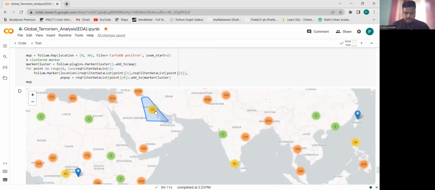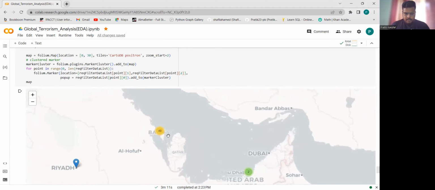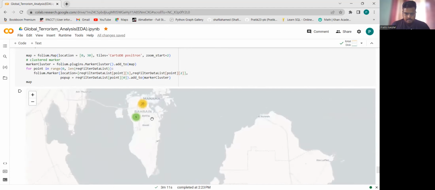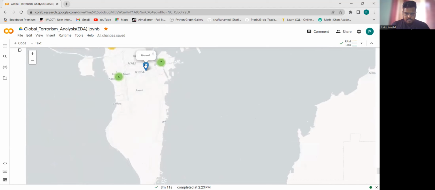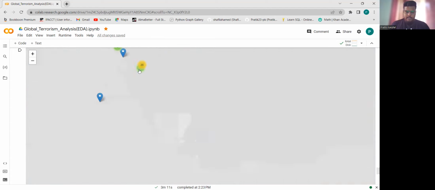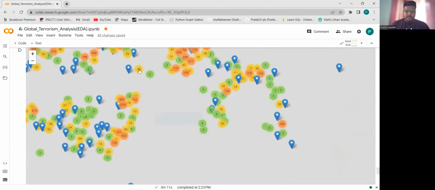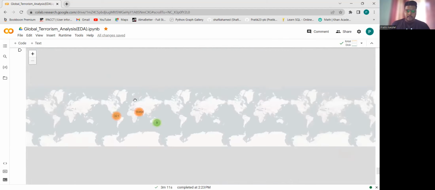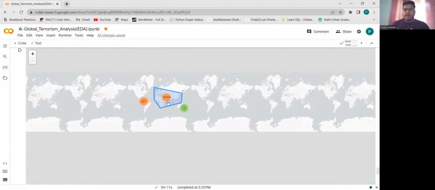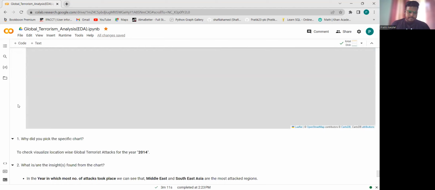If we dive into one cluster by zooming in, we find the marker and the name of the city. This marker is the end point of this visualization. So we can visualize which city has been attacked geospatially through the latitude and longitude columns provided in this dataset, and we can gain various insights through this visualization.